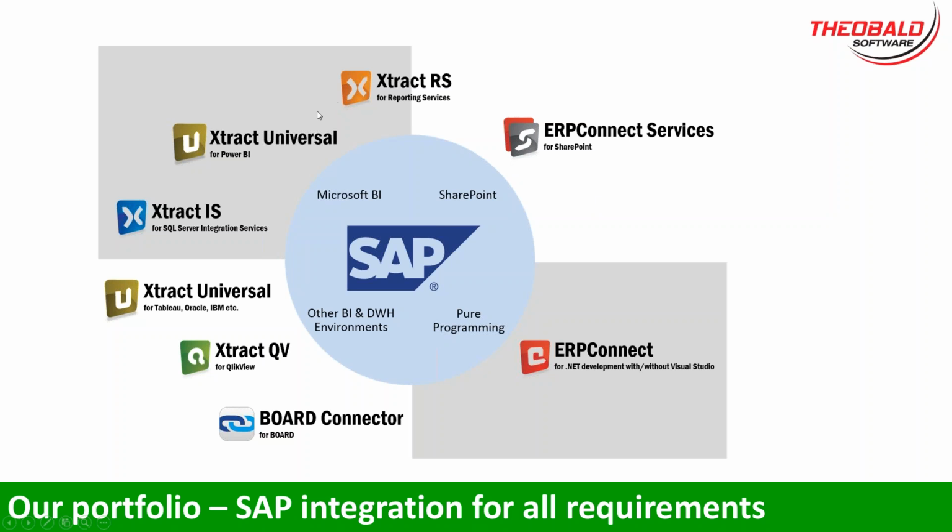So on the left-hand side, in short, it's to get data from SAP to other destinations, for example, large amounts of data for reporting, and with Erp Connect Services, the more process-oriented tool, which is installed directly in SharePoint, it's more for workflow solutions to do some self-service scenarios, or to create something out of SharePoint in the SAP system, for example, a purchasing requisition or material.